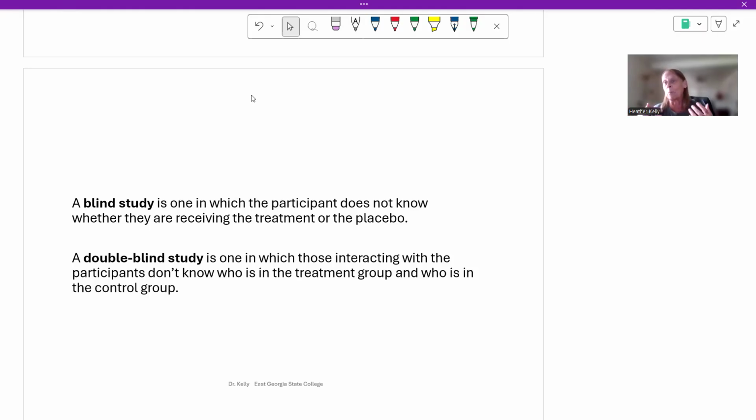That is done in a double blind study where there is one person, not generally involved, an overseer of the entire study, who actually knows who is who, but everyone else, all of their records are just what we would consider blind. You wouldn't know at all who is who.